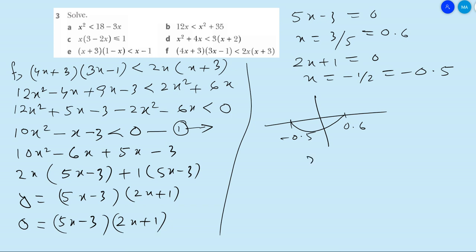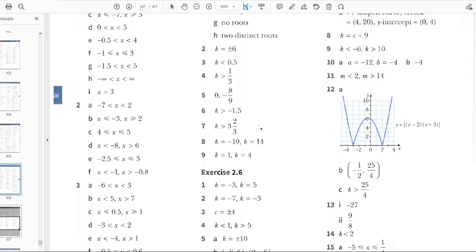So the final answer is x is greater than minus 0.5 and less than 0.6. This is our final answer. And this is question number 3, done, all parts from A to F. And this is our today's class. So today we did question number 3, all parts.